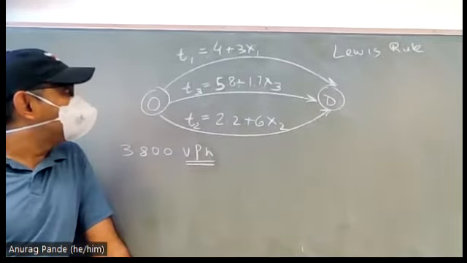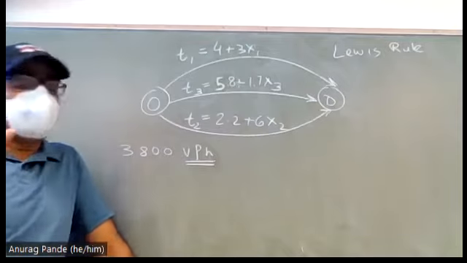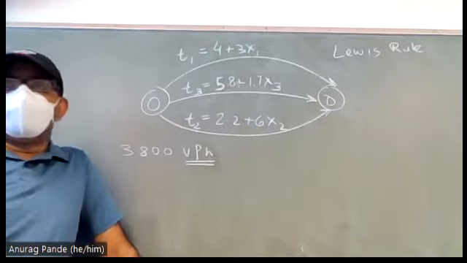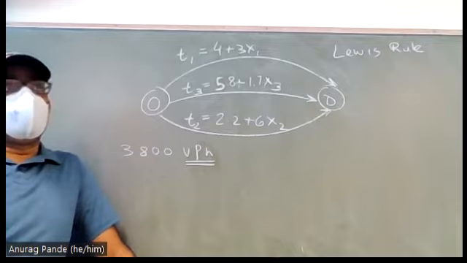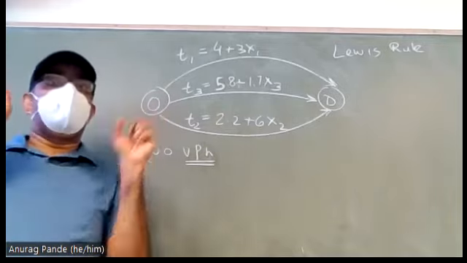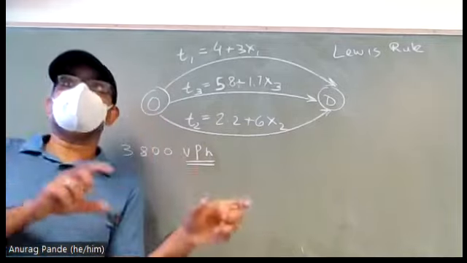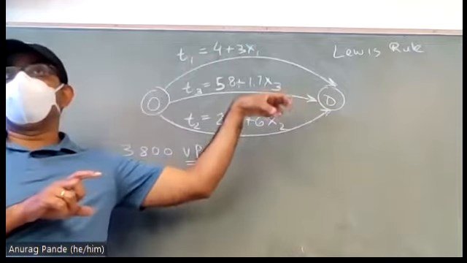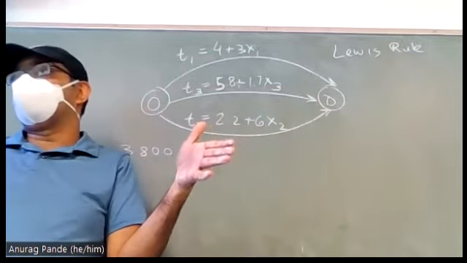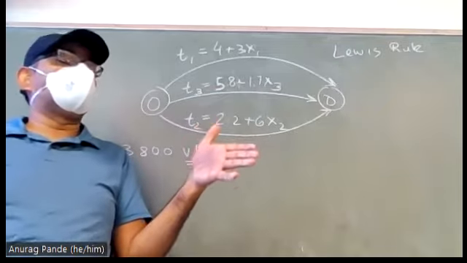When we look at the Lewis rule, we start with the route that has the worst free flow travel time. When I say I start with that route, I'm not saying I'm going to put traffic in that route first. I'm never actually going to put traffic on the worst free flow travel time route.